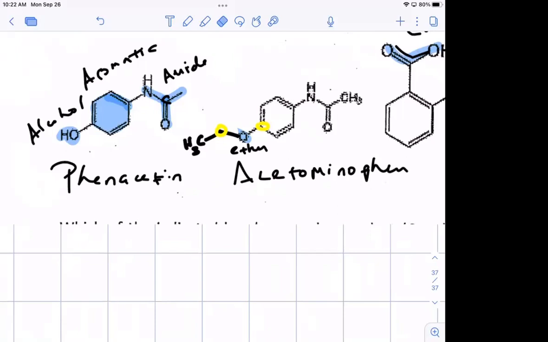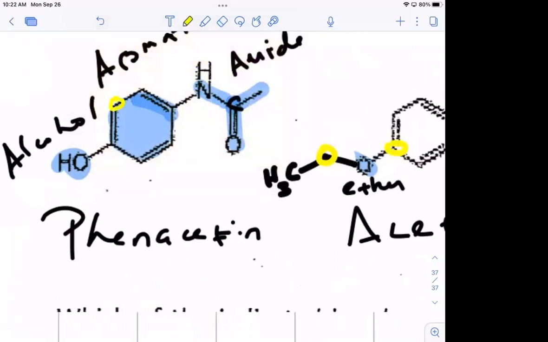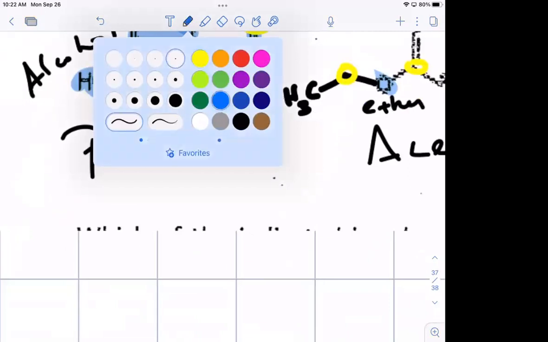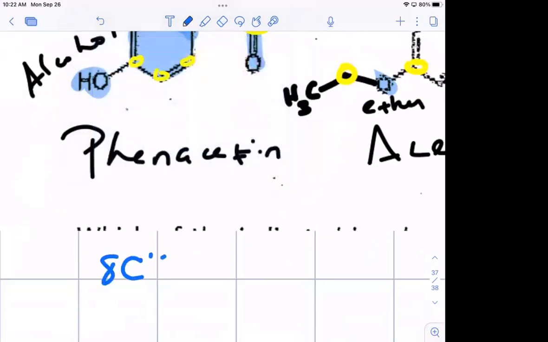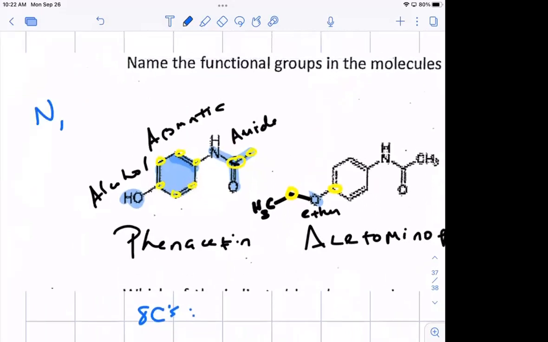All right, so let's go to here. Let's count the carbons up first. I can't erase the highlights, so I'll just count them. So 1, 2, 3, 4, 5, 6, 7, 8 carbons. Right? Everybody okay with that? Yes. Now we're looking for N, O, or F. One of those 3 atoms, right? How many do we need if we have 8 carbons?